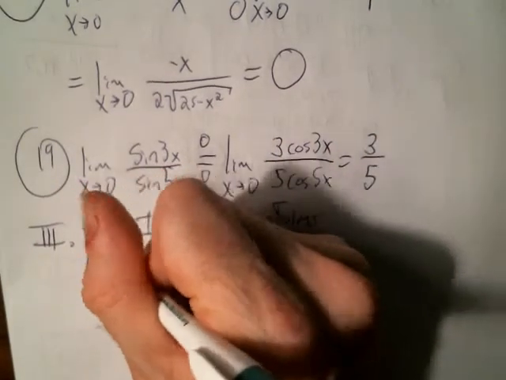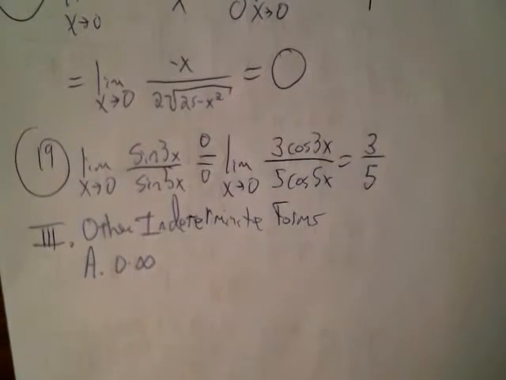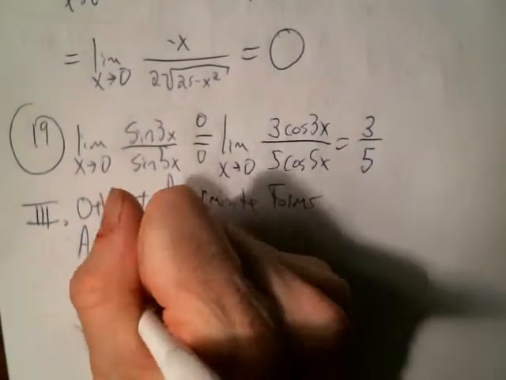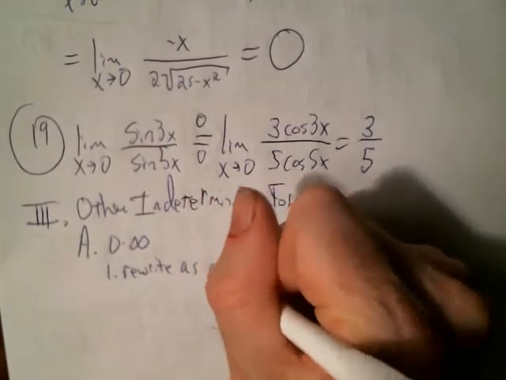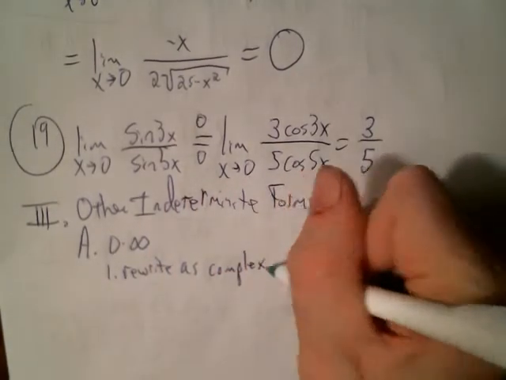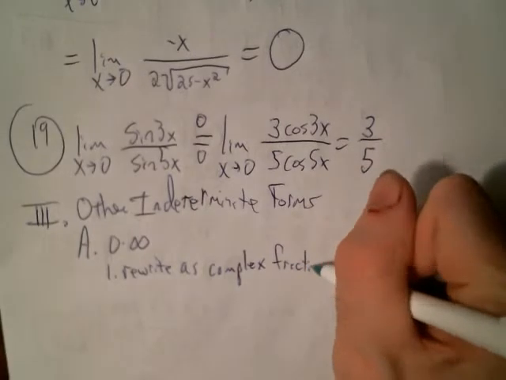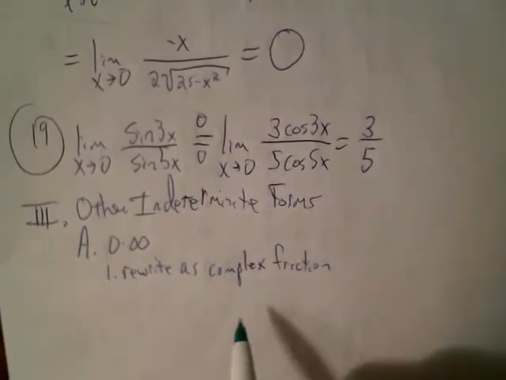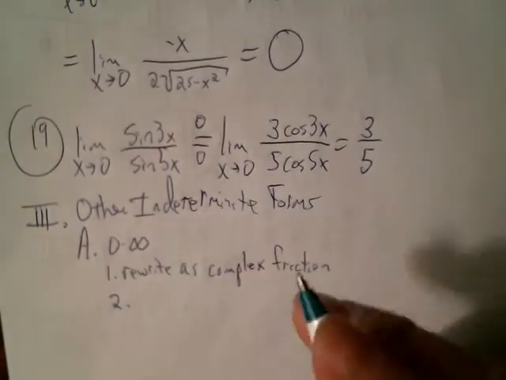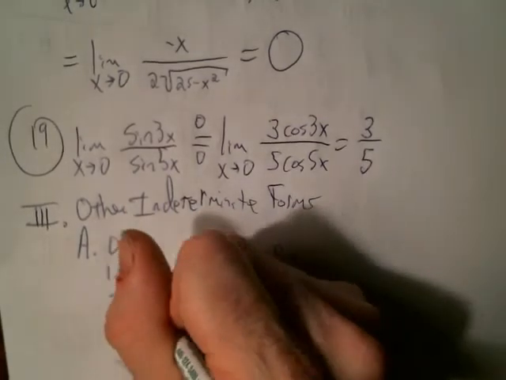The first one is 0 times infinity. The procedure is to rewrite it as a complex fraction, so maybe something like 1 over 2 is the same as 1 over 1 over 2. It's that idea. Secondly, then you'll apply L'Hopital's.